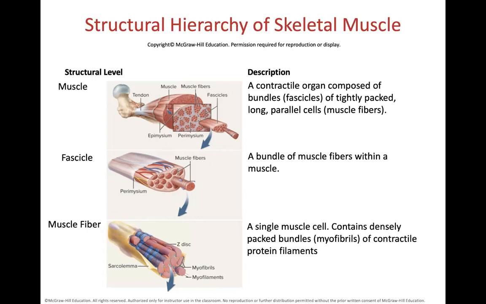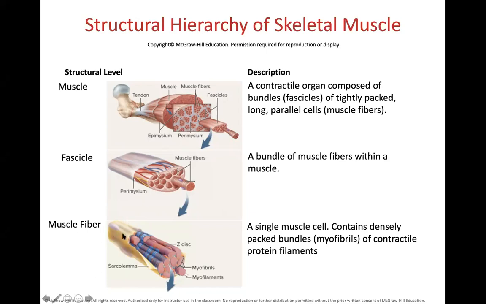Muscle cells are weird in that they're not like the typical cell that you think of, where there's all this goopy cytoplasm and a few organelles spread throughout it. They are jam-packed full of what we call myofibrils, and I've defined myofibrils on the next slide. But if you look at this, this is one muscle cell, this long muscle cell, with the coating on the outside, which I'll talk about.